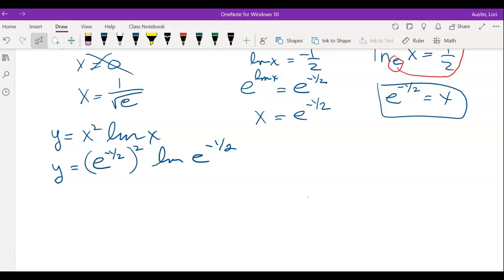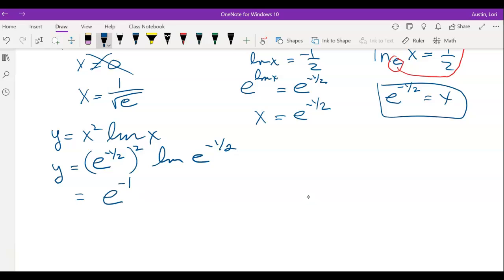This is a lot of pre-calc review, but I told you throughout this course this is our time to spend a little pre-calc review with logarithms. E to the negative 1/2 squared, which is times 2, is just e to the negative 1, correct? Negative 1/2 times 2 is just negative 1. We good?